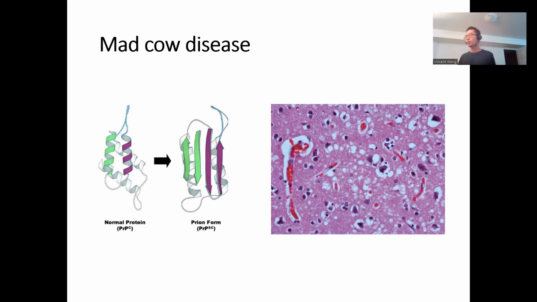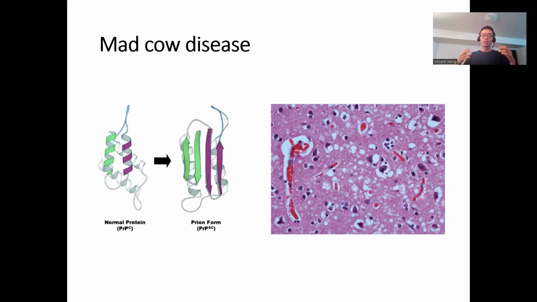But it could cross into human as well. And it's not caused by virus, it's not caused by bacteria, which means you can cook the food completely, and if the food is contaminated with the mad cow disease, cooking it is not going to get it away. You can still catch it.